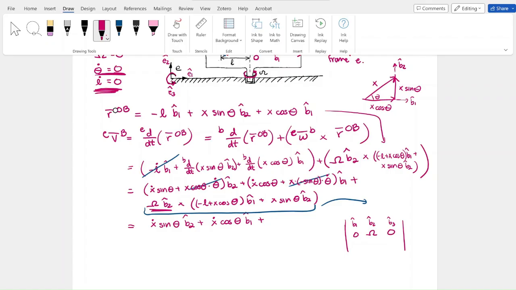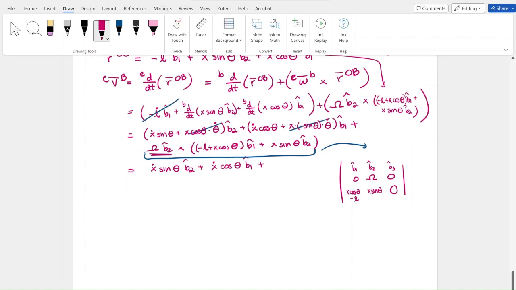And then you have the second vector on the next row, which is X cosine theta minus L, and then X sine theta, and then 0, right? Because it has X cosine theta minus L as the B1 hat component, and X sine theta as the B2 hat component. Okay, now we take the determinant.